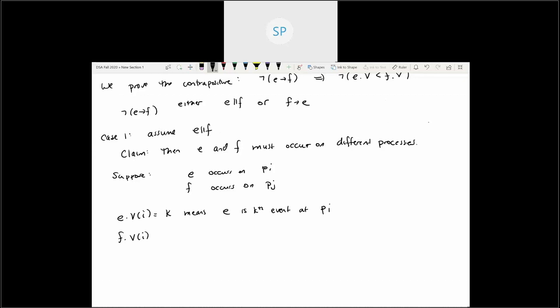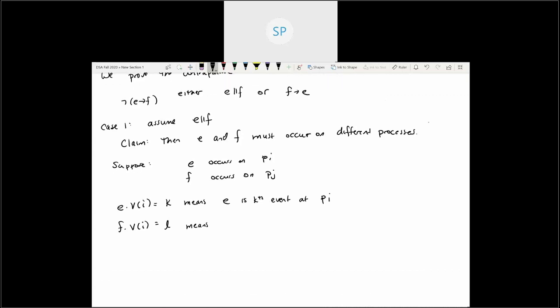And if we look at the ith component of F's timestamp, and we'll just say maybe it's equal to L, this means, it's a little bit more fuzzy, but I'll write it.